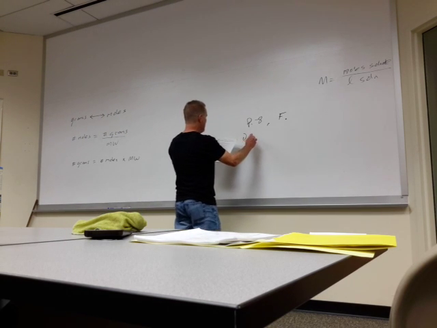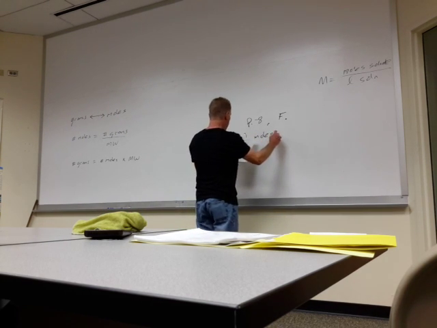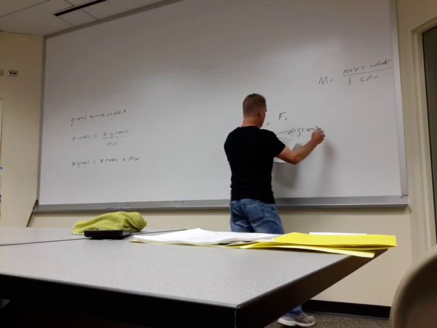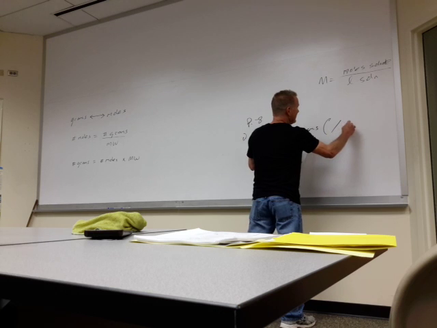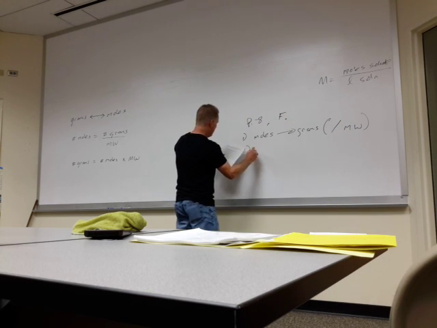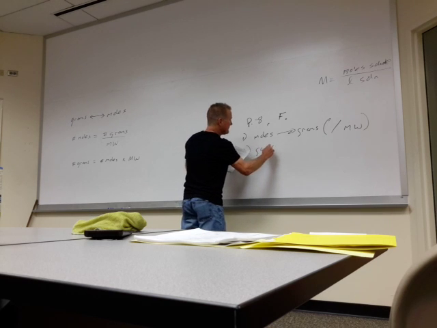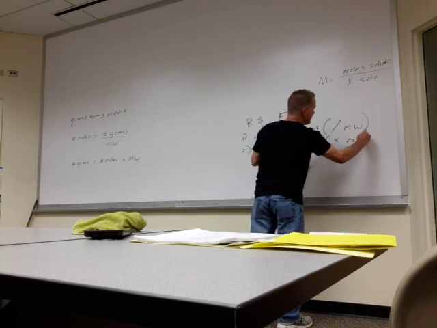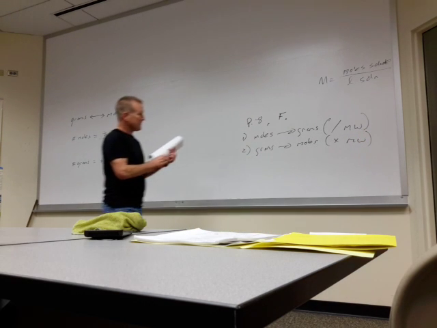So number 1 should say to go from moles to grams, you want to divide by molecular weight. Number 2, to go from grams to moles, you want to multiply by molecular weight.